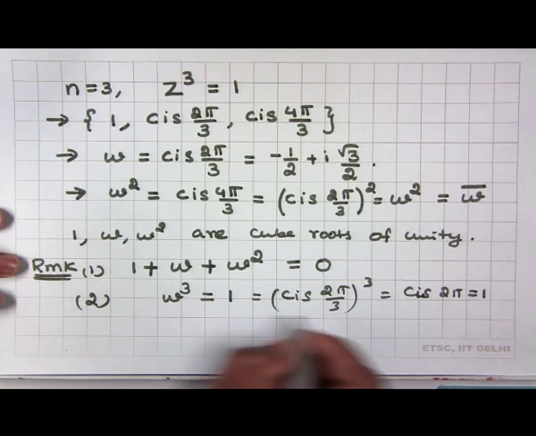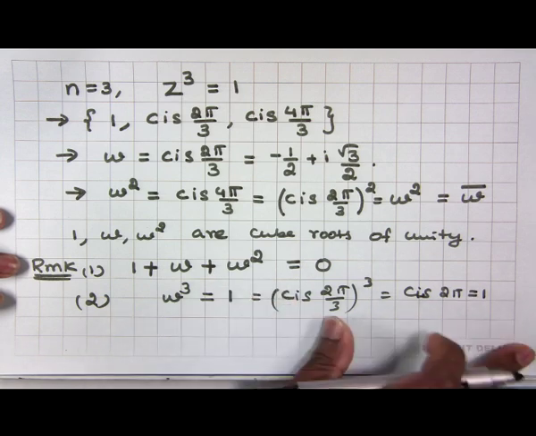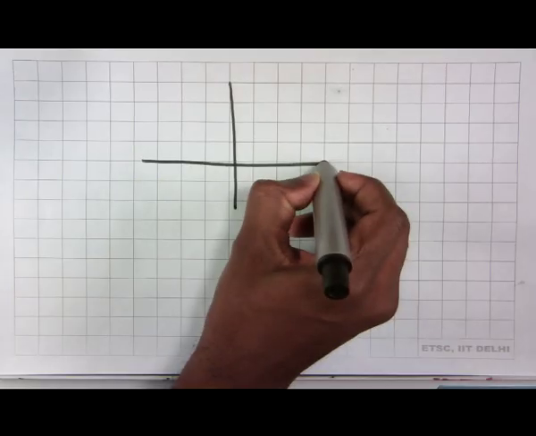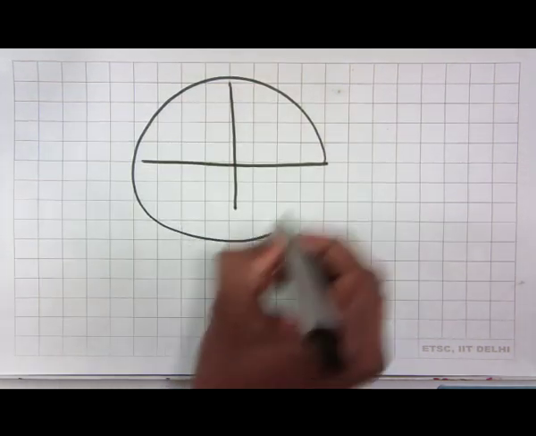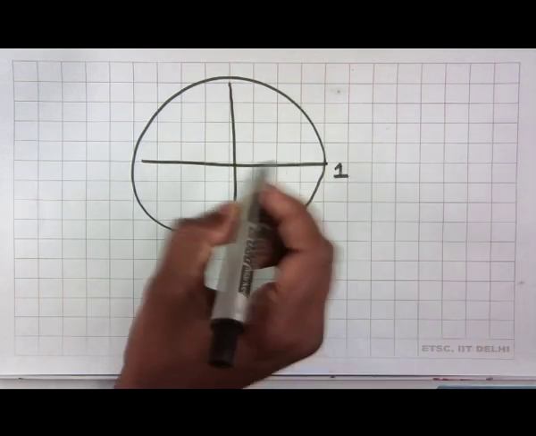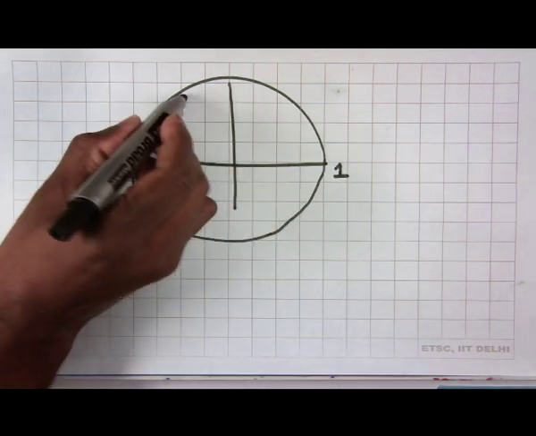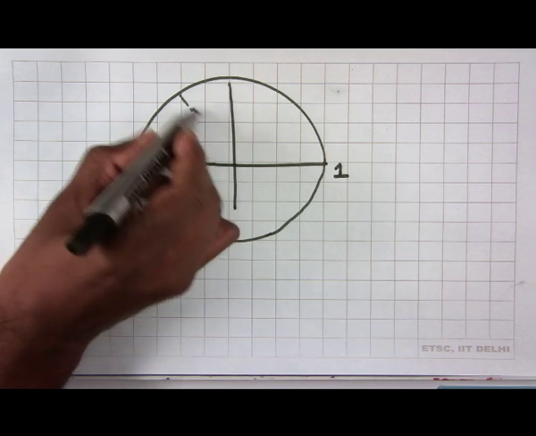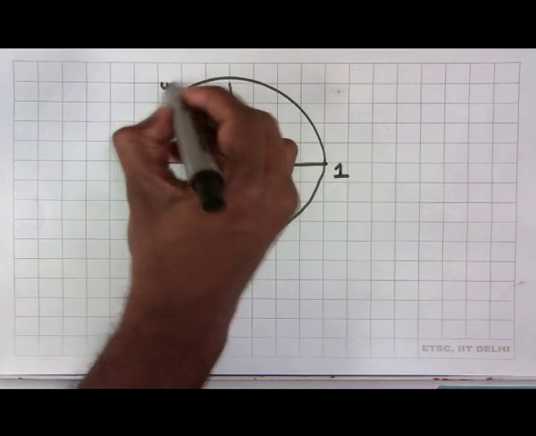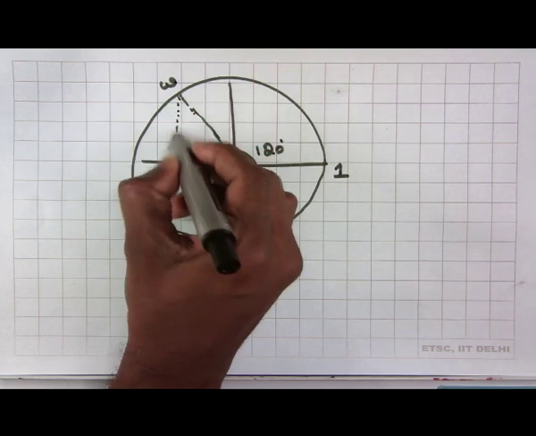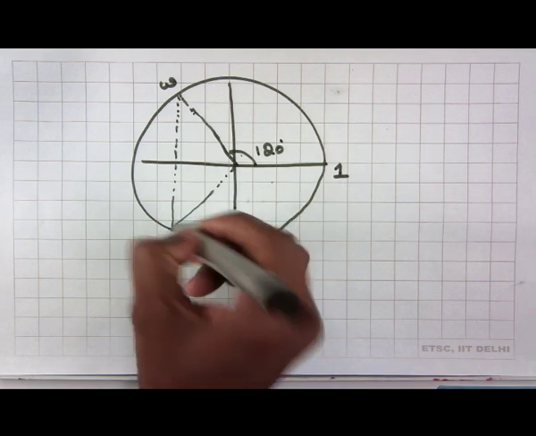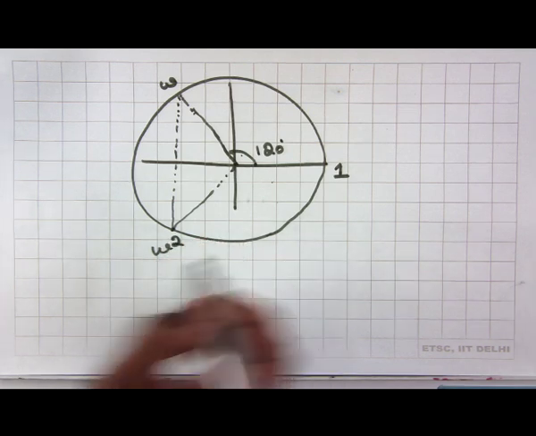Or we can also see the geometric interpretation for this. Consider the unit circle: 1, and omega is placed by rotating 120 degrees, and omega square again you rotate by 120 degrees, which is in fact the conjugation.